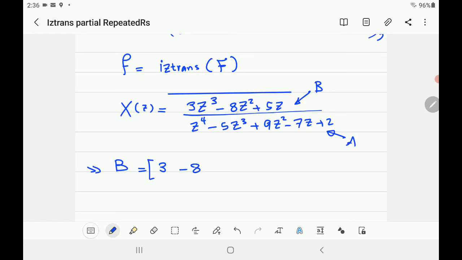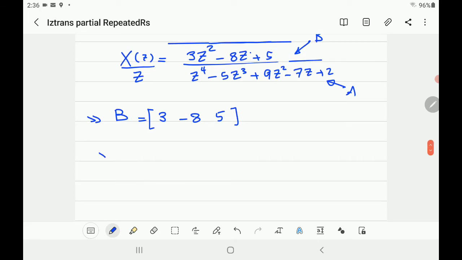Remember, it has to be in order, and if you're missing a coefficient, put 0. 5. Oh, by the way, you should divide it by z. If you divide it by z, it will decrease everything by 1, because you find the expression for X of z over z. That's the polynomial B. Now A.